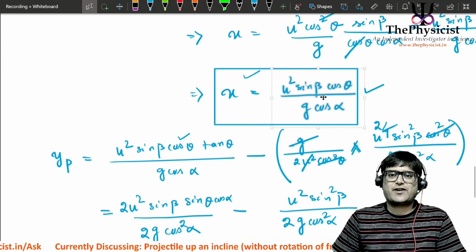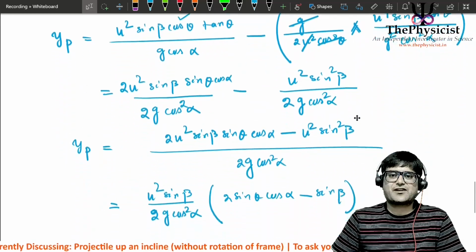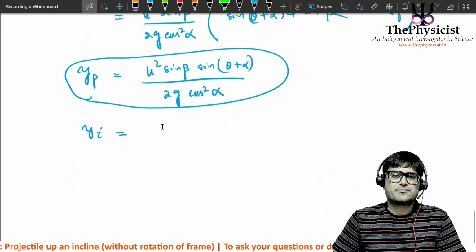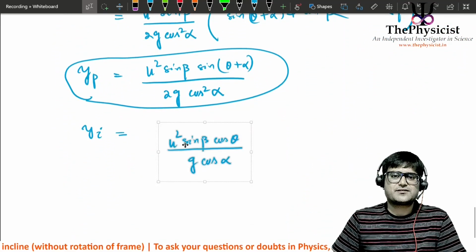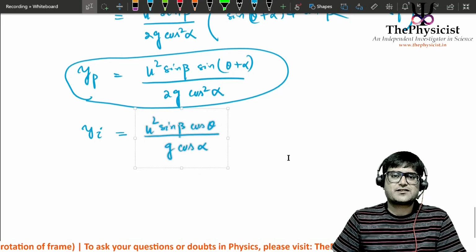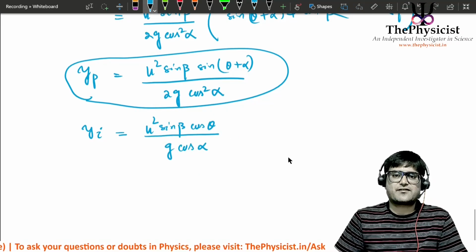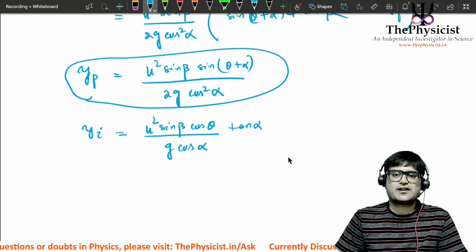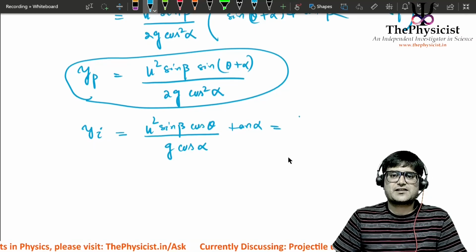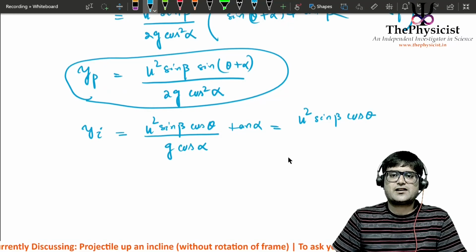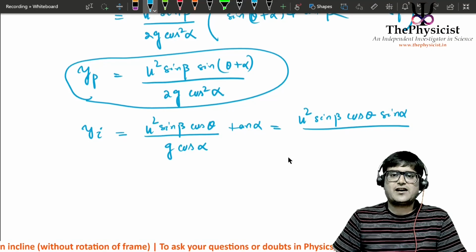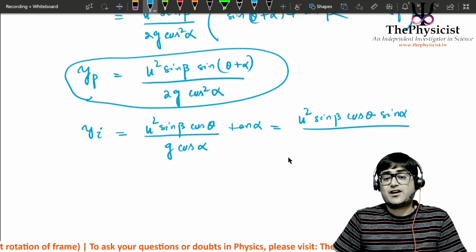For the incline, y will always be x tan alpha, right? So I will simply write it as this into tan alpha. And that would simplify things as u squared sine beta cos theta sine alpha tan alpha, I'm simply decomposing into sine alpha by cos alpha.